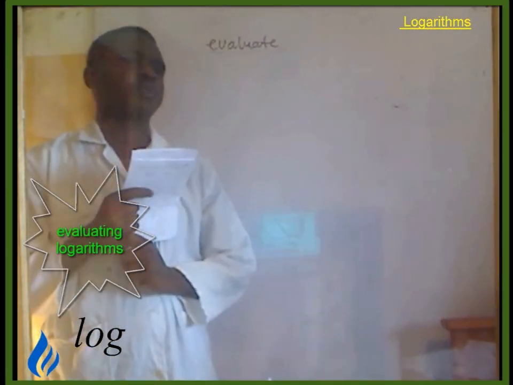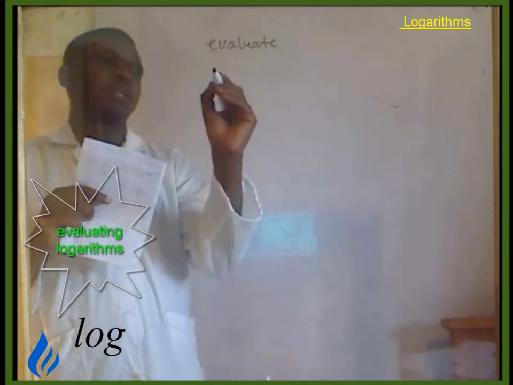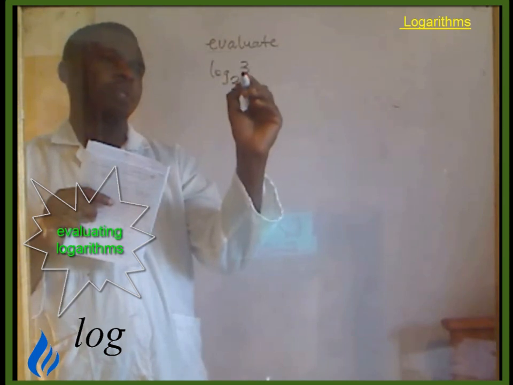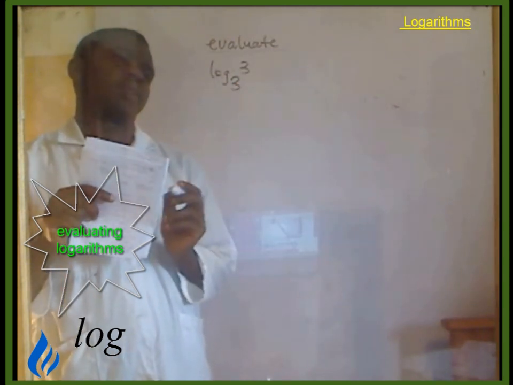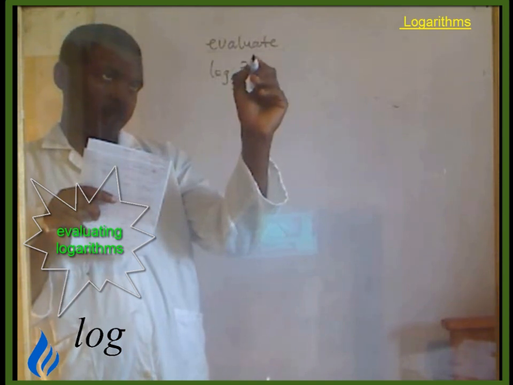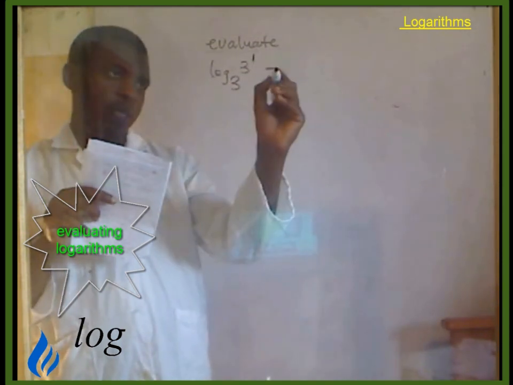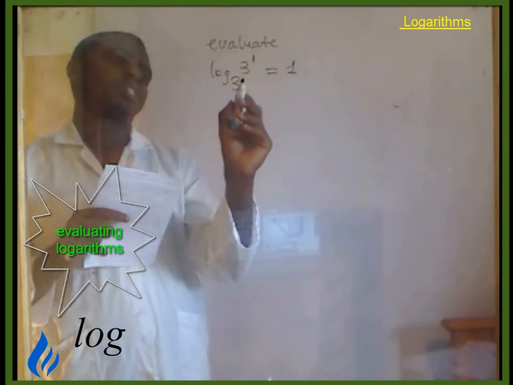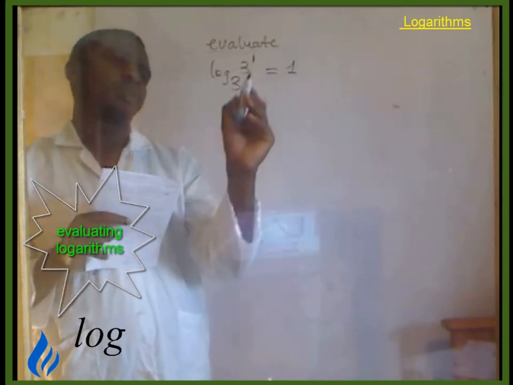Let's first of all start with simple cases. This is log 3 of 3. What is the power of 3 here? The power there is 1. So our answer there will be 1. The power to which 3 is raised to get 3 is 1.